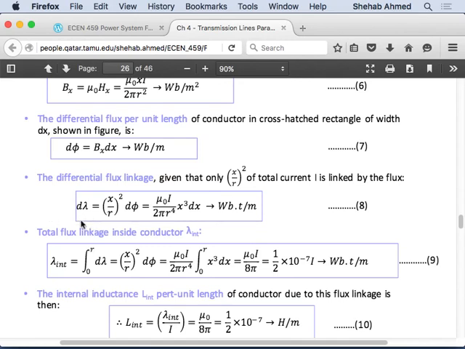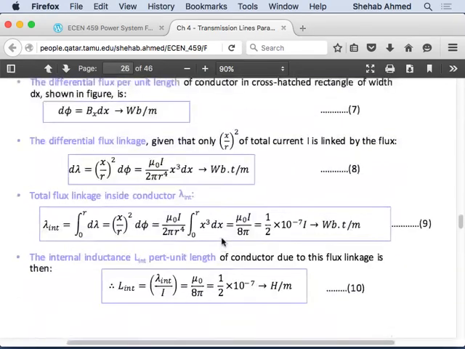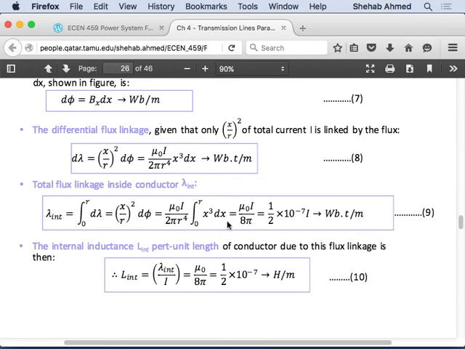Okay, so we calculate the flux linking the portion of the conductor anywhere between 0 and the full radius of the conductor. Remember, at the beginning we substituted Ix in terms of I, which is the full current, and the relationship between them was the area as well. So we calculated the flux linkage in terms of the current of the conductor.